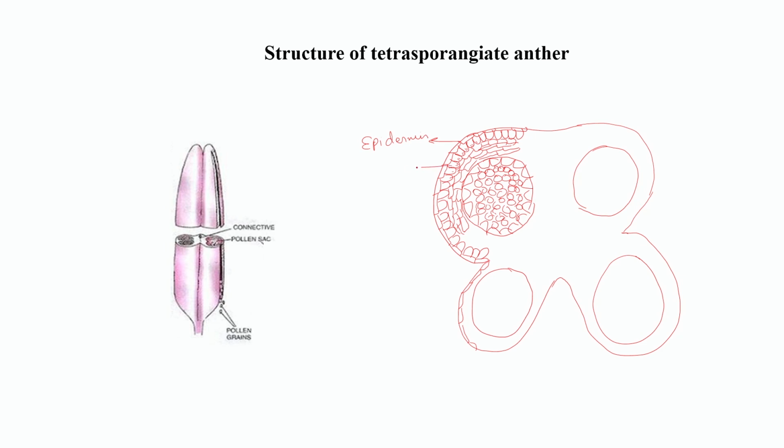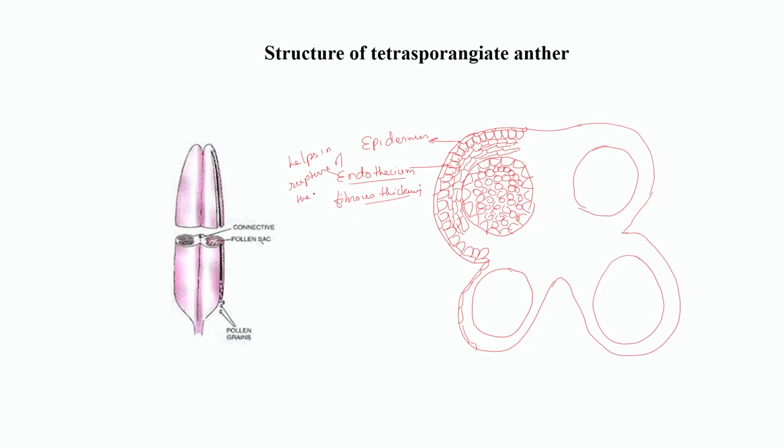So this is the epidermis. Now the next radially elongated layer is known as endothecium. Endothecium is very important. It has fibrous thickening, and this endothecium helps in rupture of the anther wall.